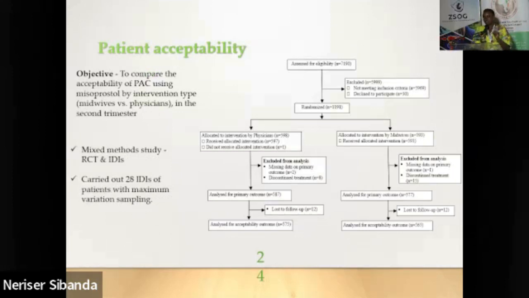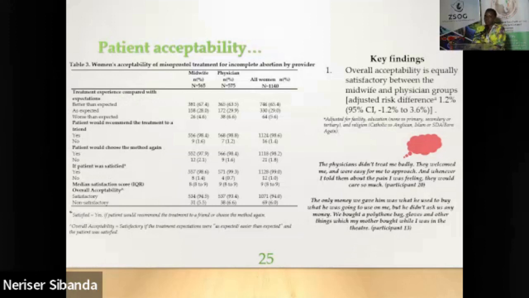In addition to this, we decided to look at acceptability from the patient's angle. And this was mixed methods. In addition to the RCT, we did some in-depth interviews for 28 patients with maximum variation sampling. What we used as overall acceptability was a composite variable of treatment experiences and satisfaction.